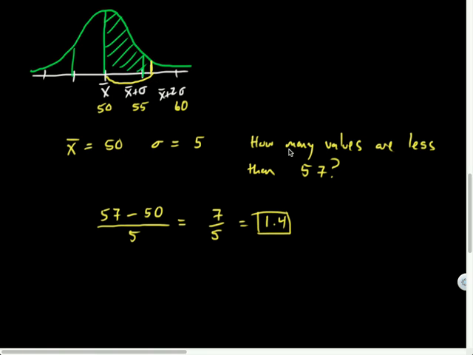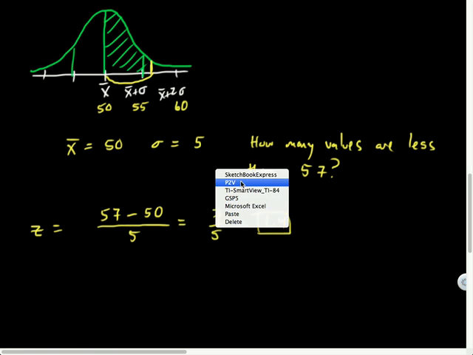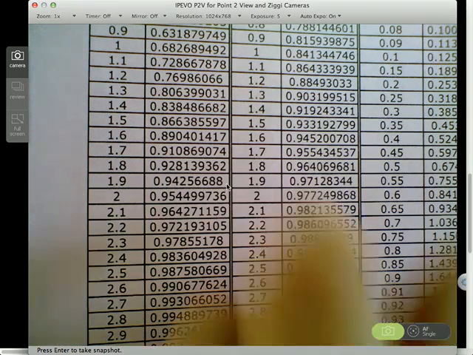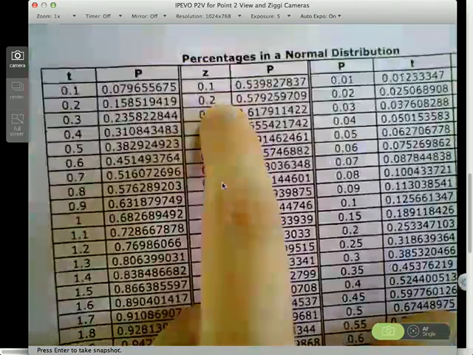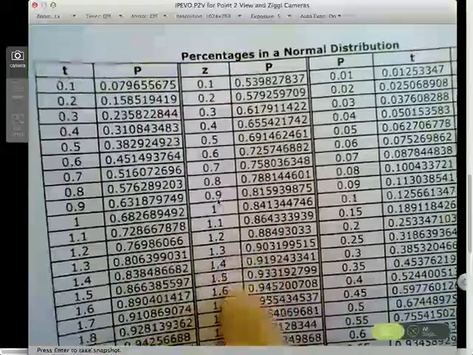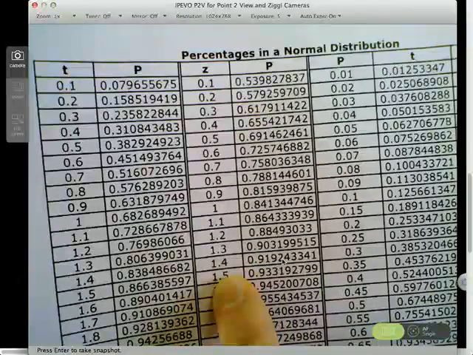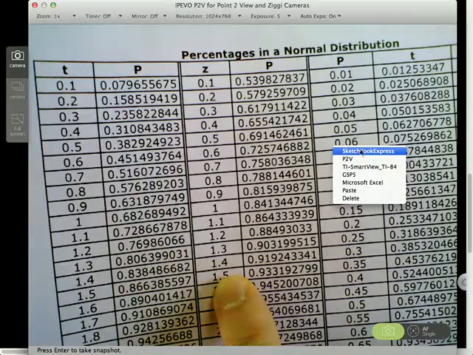Now in this case it says how many values are less than 57. That would be a z value I'd be interested in, not a t value. And so if I look at my chart, the z value, that's my middle chart there, go down to 1.4, I get 0.9192.